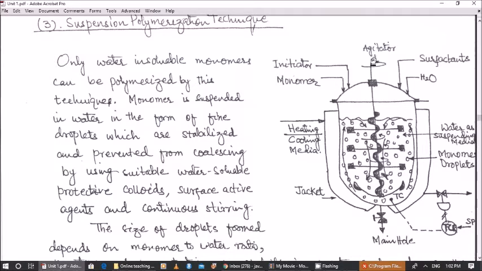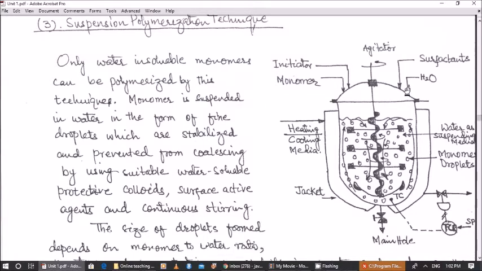You can see in the schematic there is an agitator fitted in the reactor and it rotates continuously, and the reactor is fed with water as a medium.